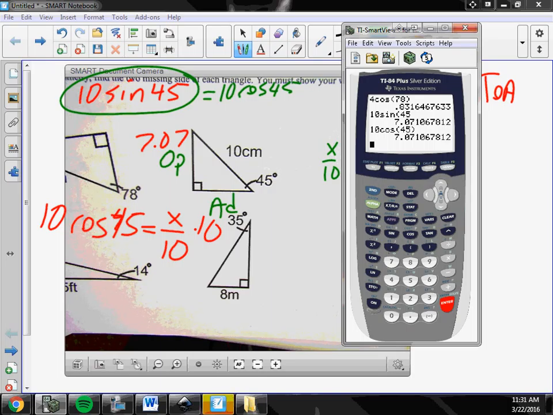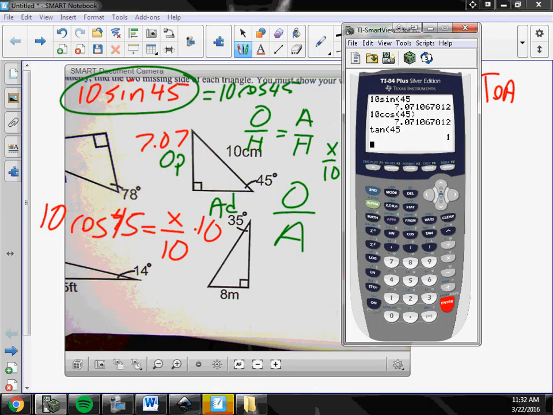That's the only time where O over H is equal to A over H. When the O and the A are the same, which is an isosceles right triangle, which happens when the angle is 45 degrees. So what is the tangent of 45? So the tangent of 45 would be O over A, which is going to equal 1. So if I type in the tangent of 45, I should get 1.